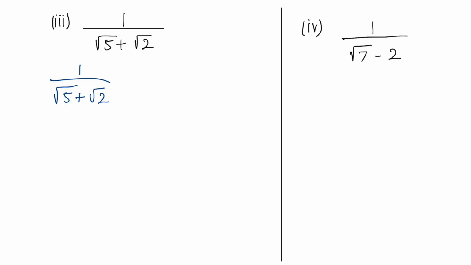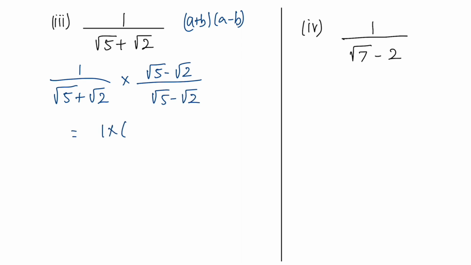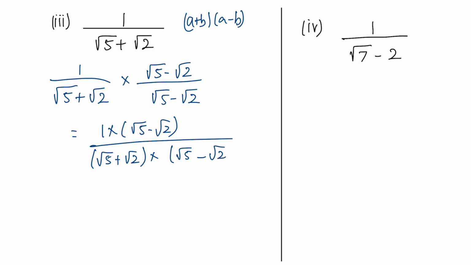Now for you to apply a plus b into a minus b, one term has to have a minus in between. Since we have a plus in the denominator, you are going to multiply it with root 5 minus root 2, on numerator and denominator, and that gives you 1 into root 5 minus root 2 divided by root 5 plus root 2 into root 5 minus root 2.